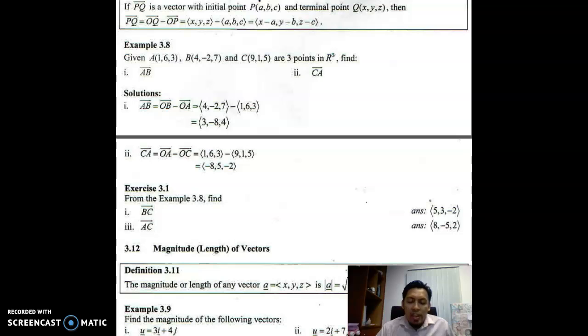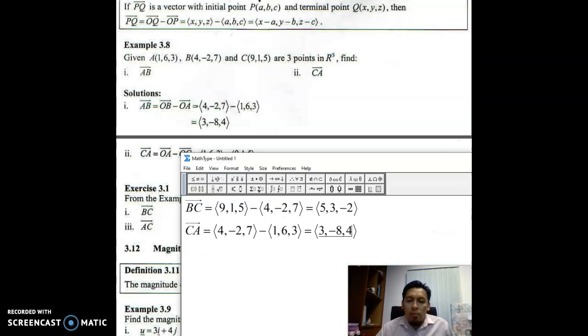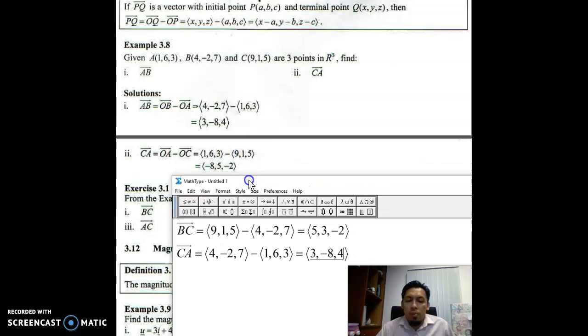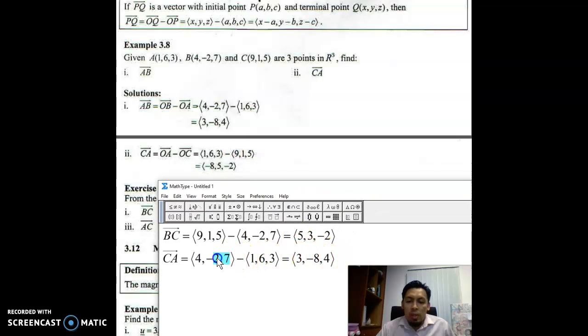Okay, to look for vector BC, right, we'll need to subtract from C to B. Right, from C to B. Now notice on the bracket in the question here, C (9, 1, 5) and C <9, 1, 5>, they have an equal number of x, y, and z, but different kind of bracket. Basically, this indicates a Cartesian coordinate, and this indicates a vector.